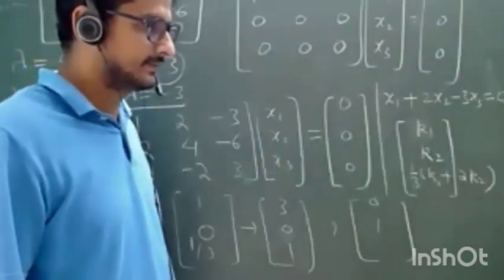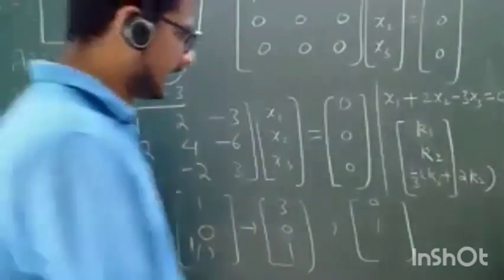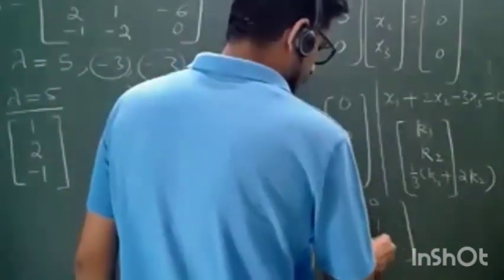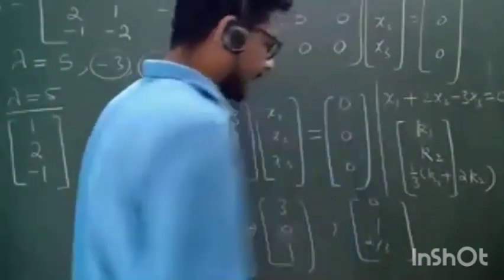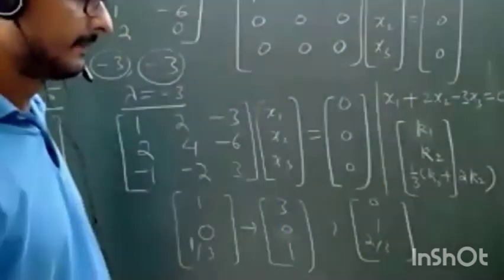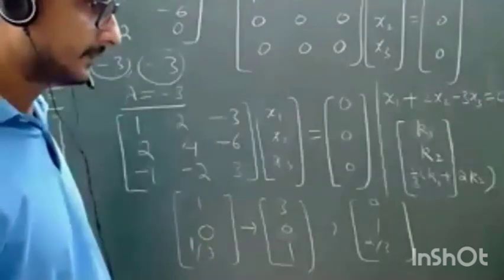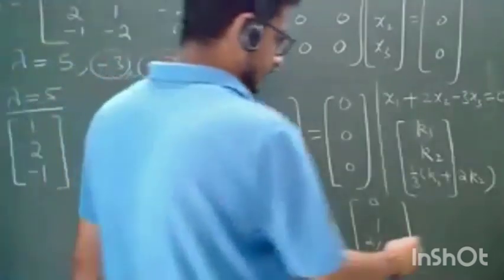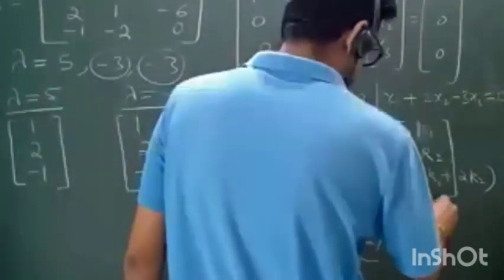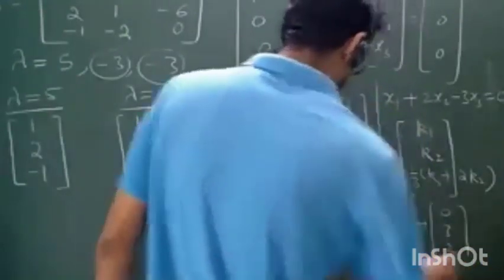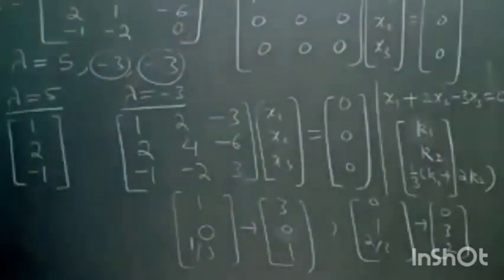Taking 0 and 1, you get 2 by 3. Multiplying by 3, the vector is 0, 3, 2. So these are two linearly independent vectors.